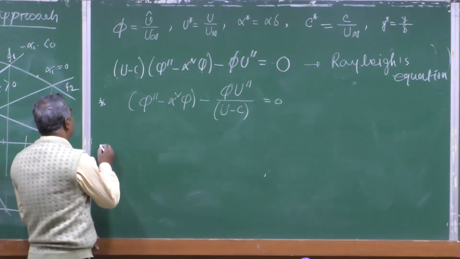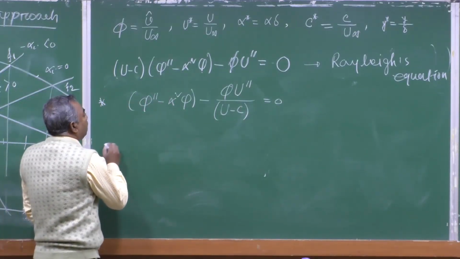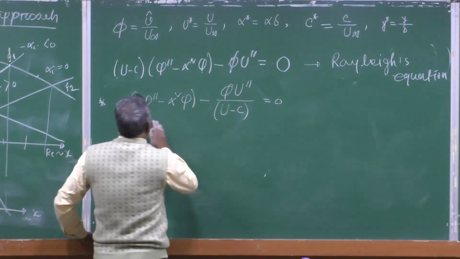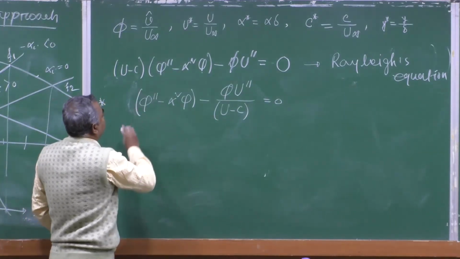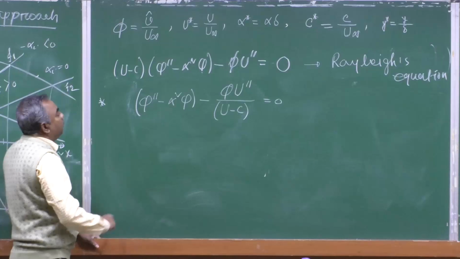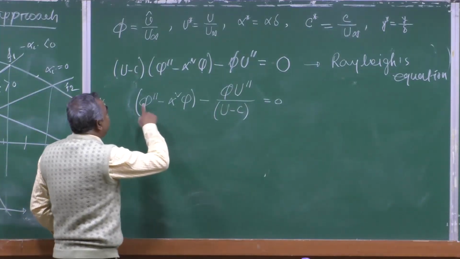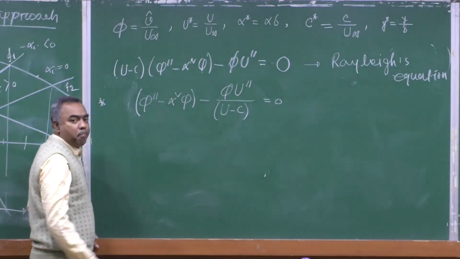Now, let us do one thing. Let us multiply by the complex conjugate of this phi value.